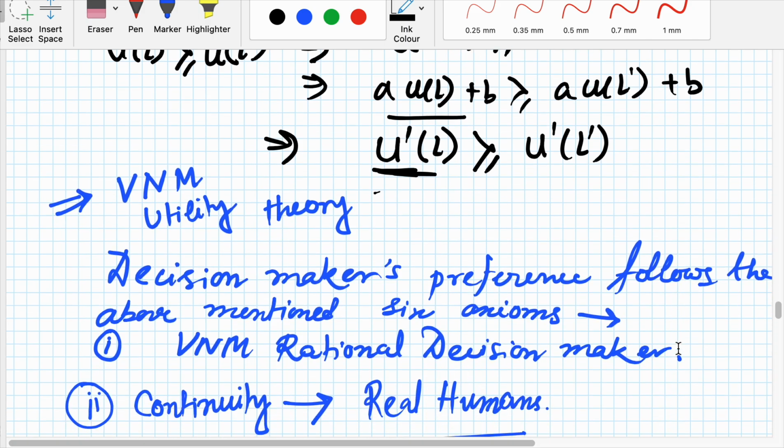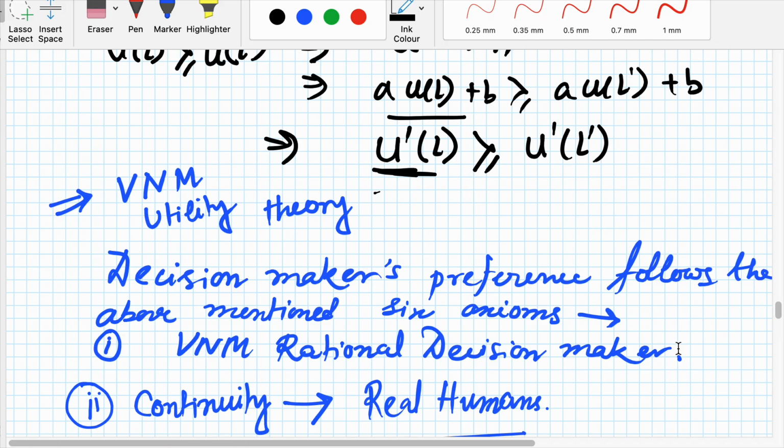We have also seen that the way we have presented the axioms is the von Neumann Morgenstern way. Von Neumann and Morgenstern in their book for the first time introduced this concept and proved the existence of this utility theory.